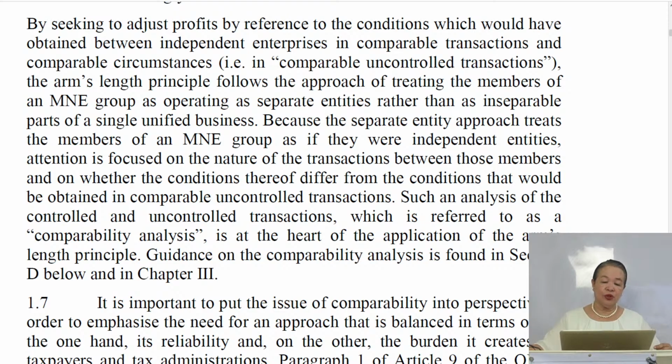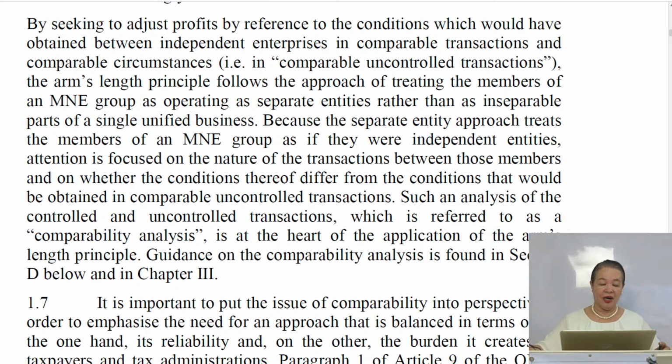Attention is focused on the nature of the transactions between those members and on whether the conditions thereof differ from the conditions that would be obtained in comparable uncontrolled transactions. Such an analysis of the controlled and uncontrolled transactions, which is referred to as the comparability analysis, is at the heart of the application of the arm's length principle.